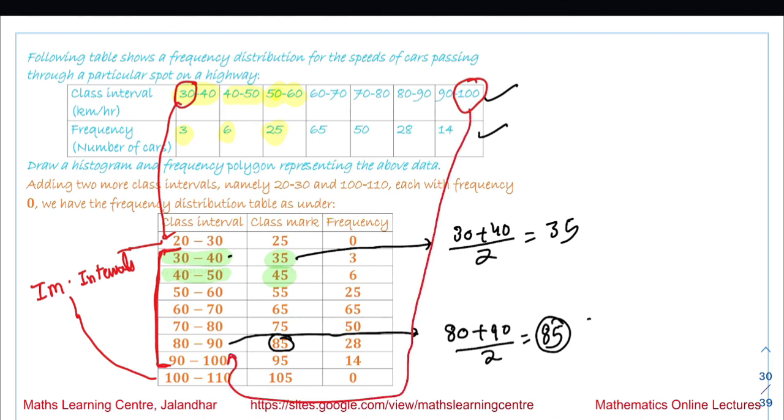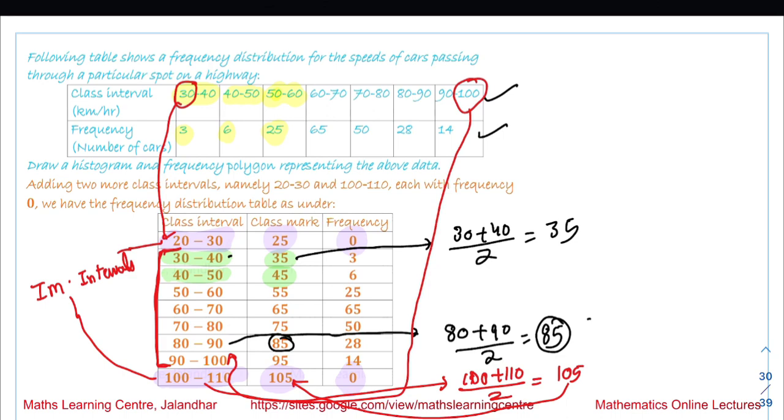And we have added these two classes over here, one is 20 to 30 and one is 100 to 110. And the frequency of these two classes we have taken as 0. The class marks for these intervals are 25 and 105. How to calculate the class mark is the same: it is 100 plus 110 by 2, so that is equal to 105. So these are the class marks corresponding to these class intervals.